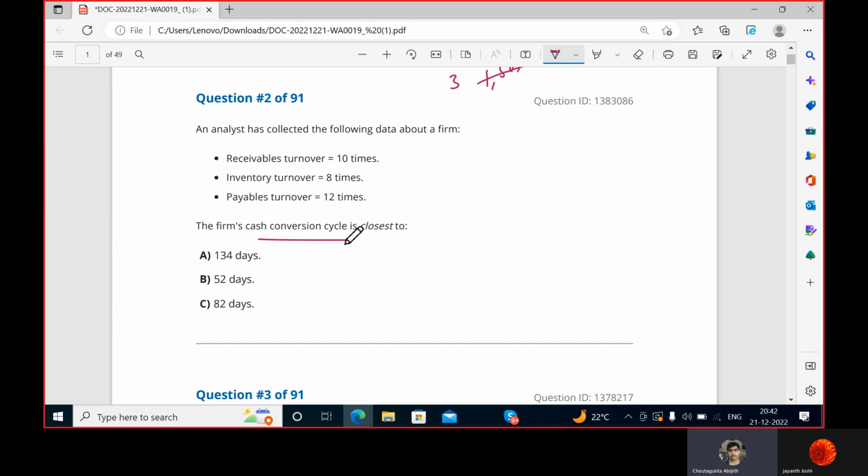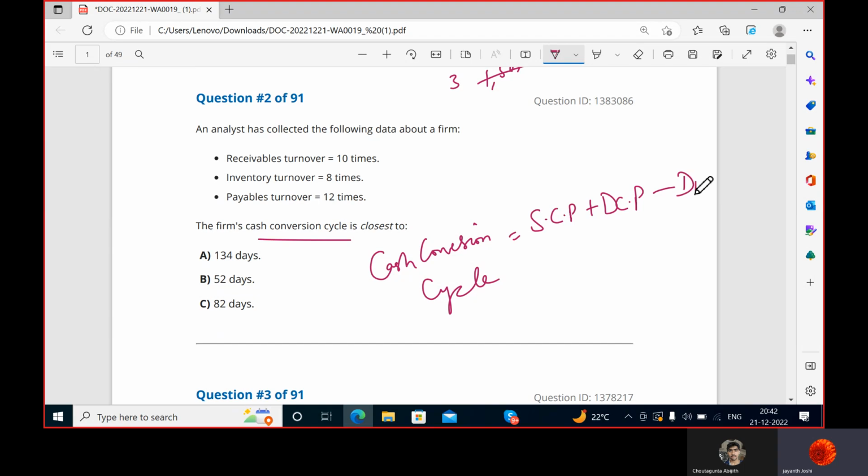A firm's cash conversion cycle. So receivable turnover, inventory turnover, payables turnover. I'll write the formula: cash conversion cycle equals stock conversion period plus debt collection period minus debt payment period. The stock conversion period or inventory conversion period is 365 by stock turnover ratio or inventory turnover ratio.